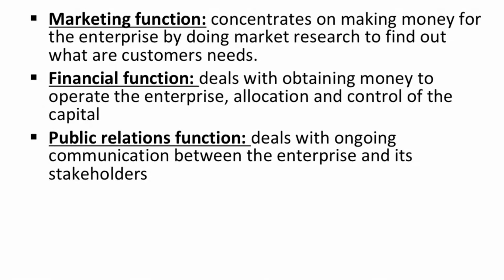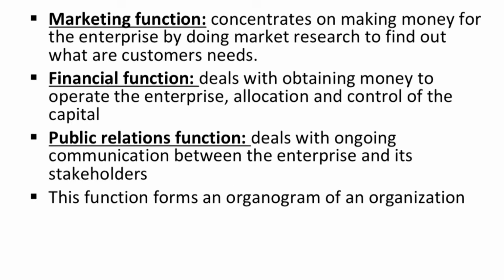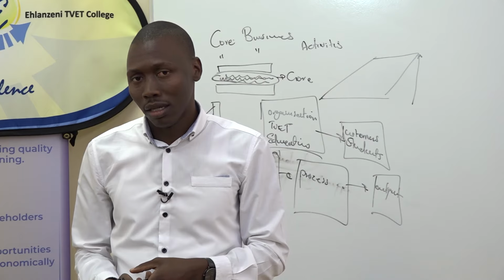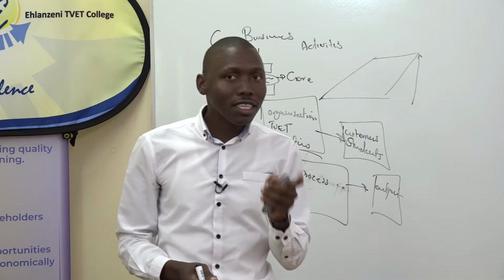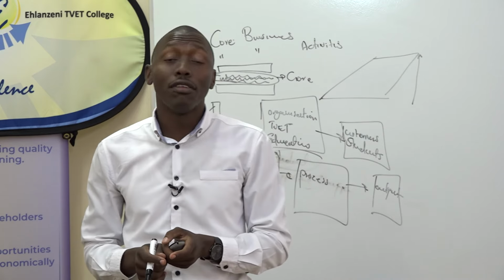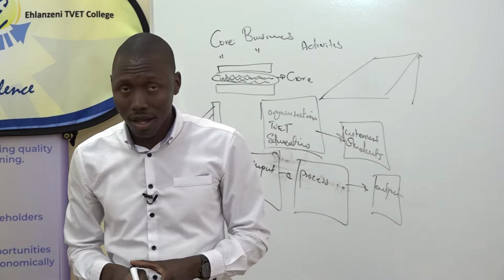Then these functions form the organogram of an organization, and they should interact with each other for the success of the organization. If one function fails, then the whole organization shall fail, so they need to interact with one another.